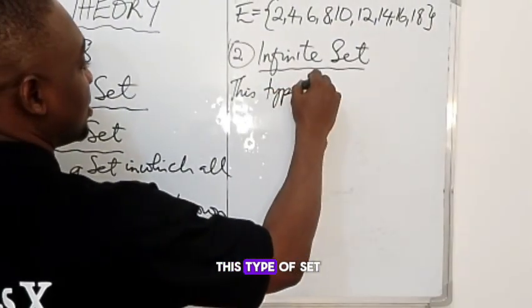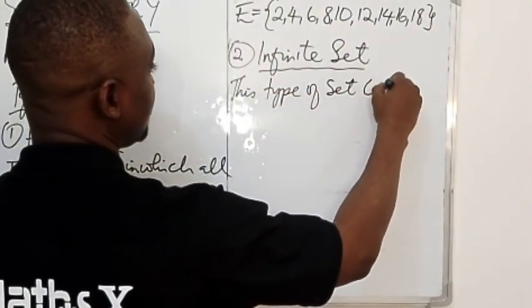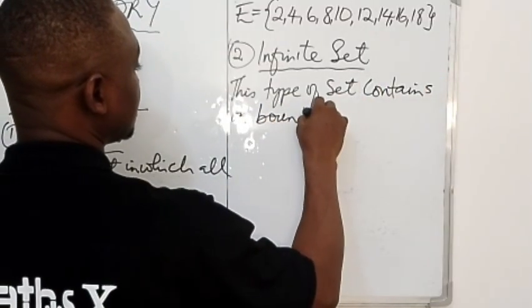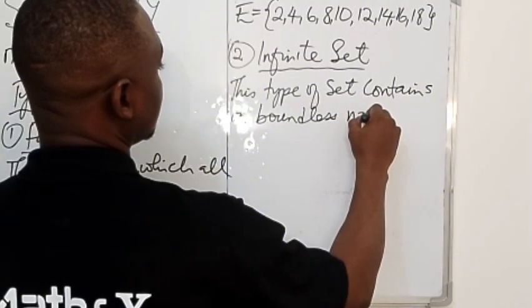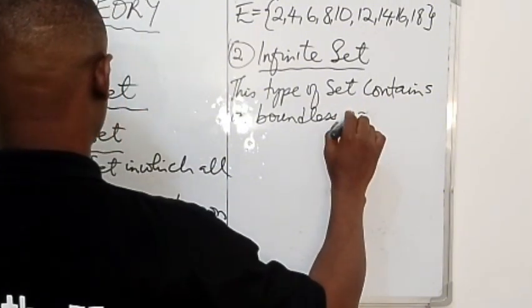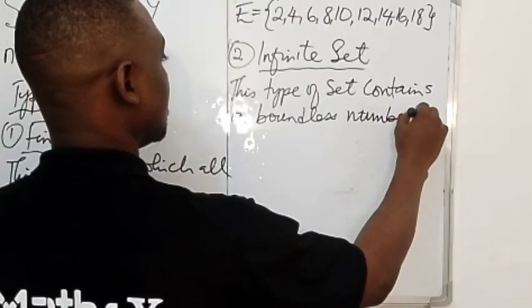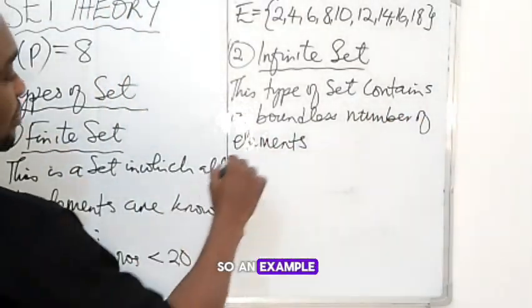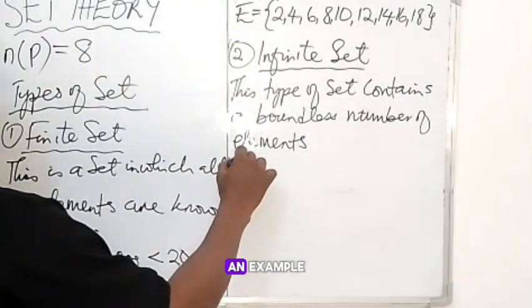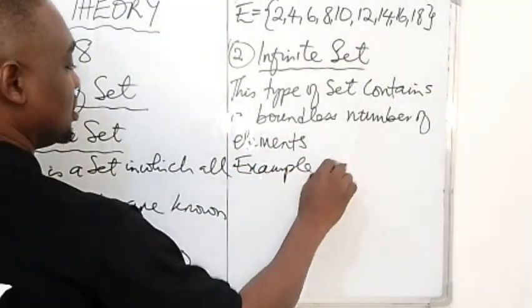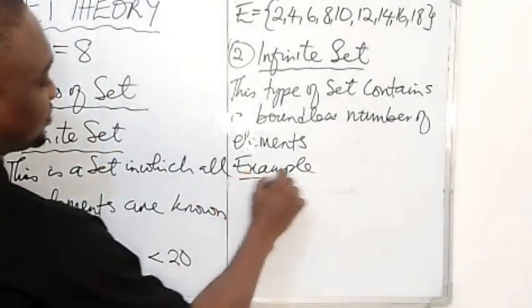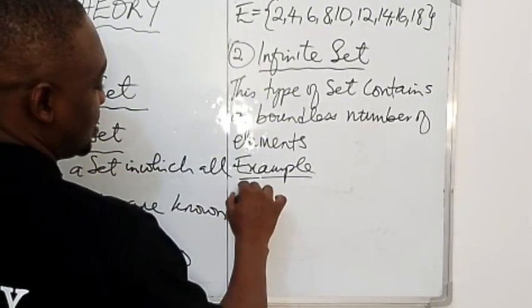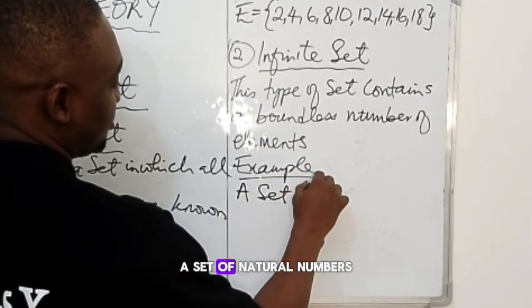This type of set contains a boundless number of elements. So an example of this, I would describe by word a set of natural numbers.